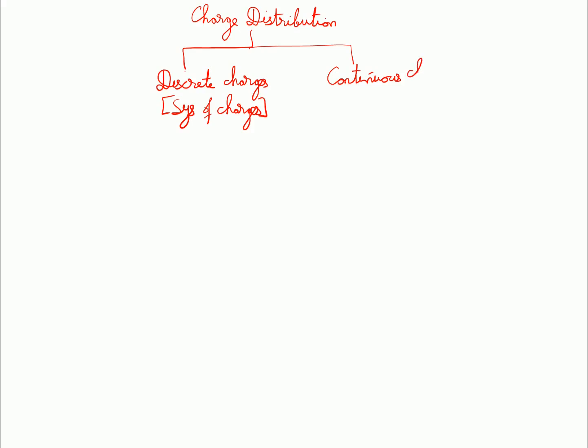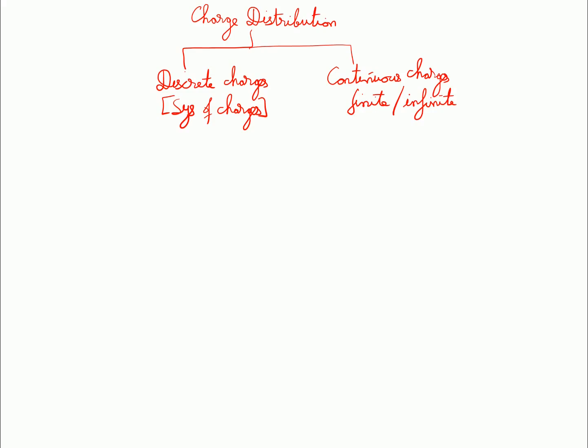Charge distribution can be discrete charges, which we term as a system of charges, and it can be continuous charges. That means it can be finite or it can be infinite. So these are the different types of charge distribution.